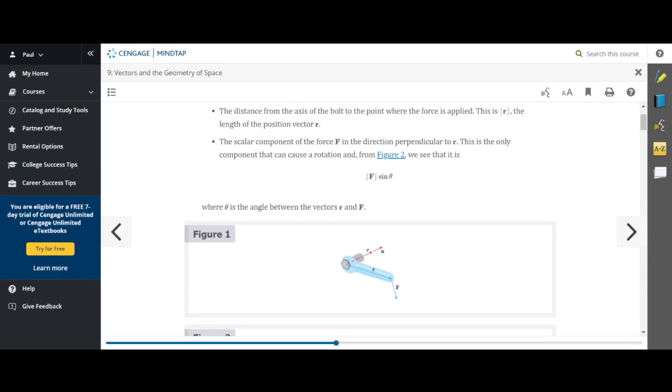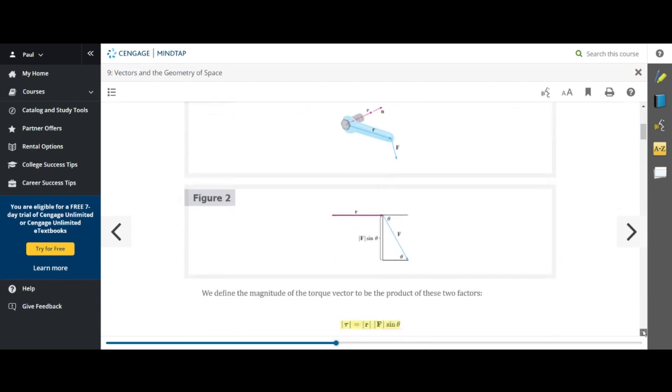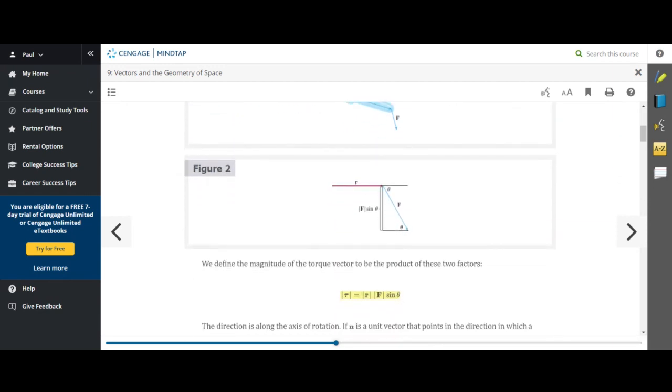Because what causes the wrench to turn? It's the vertical component of the force that is causing the wrench to turn. So if we go a little further down in the picture, there's the wrench in figure 2, and there's the force vector in figure 2, and you have an angle theta between the wrench and the force vector.